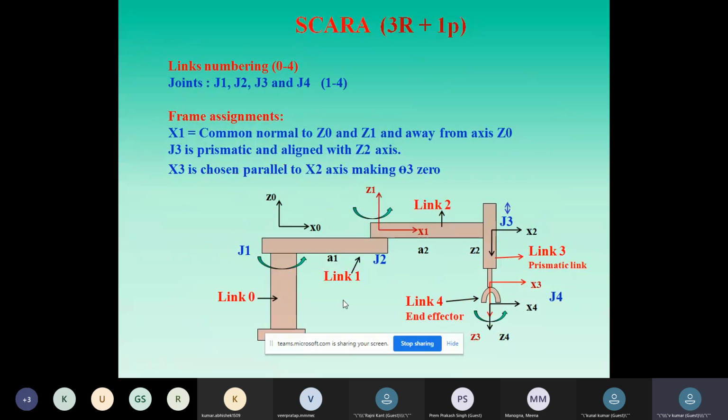So the DH parameter is a must. Very simple. The DH parameter is four steps only. First, numbering the links, numbering the joints, attach the frame, and define the parameters. Only these things.